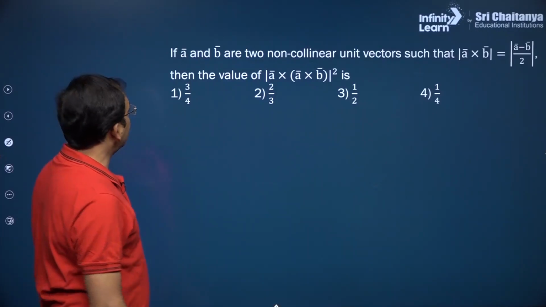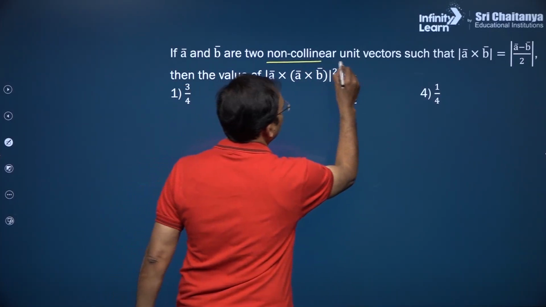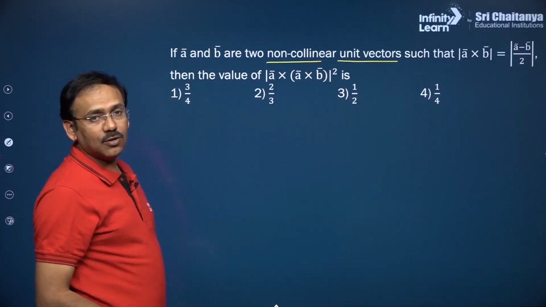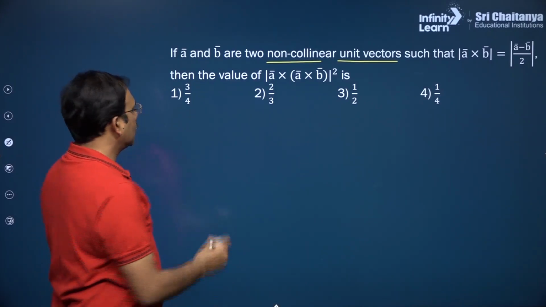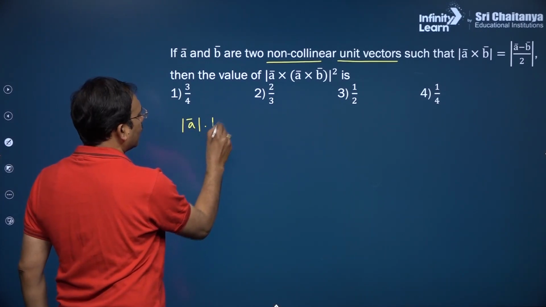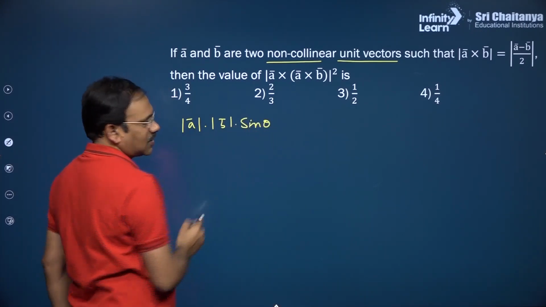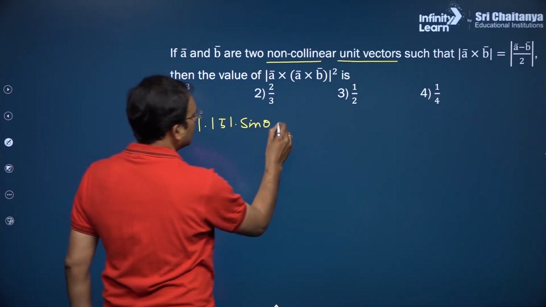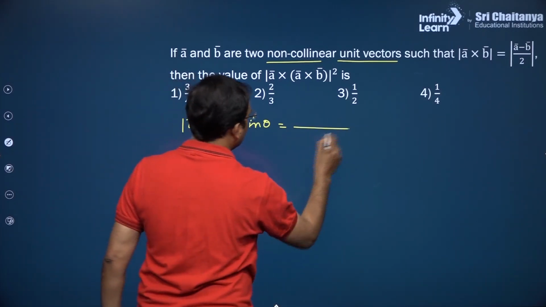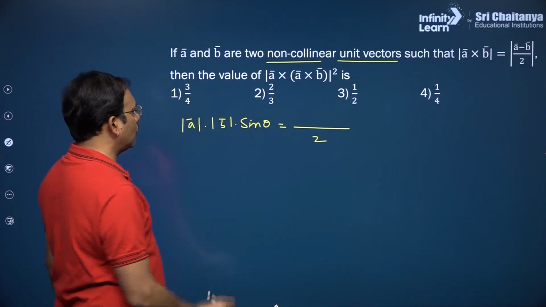Yes, friends. Next, you see A bar, B bar are two non-collinear unit vectors such that magnitude of A cross B is equal to magnitude of A minus B by 2. So you just apply: magnitude of A cross B means magnitude of A into magnitude of B into sin theta with modulus, is equal to magnitude of A minus B by 2.